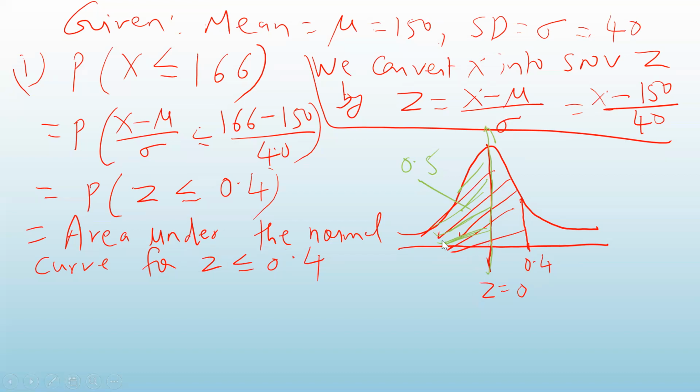So the areas to the left and right are both equal to 0.5. If you can find the area between 0 and 0.4, then you will get the entire area less than or equal to 0.4.